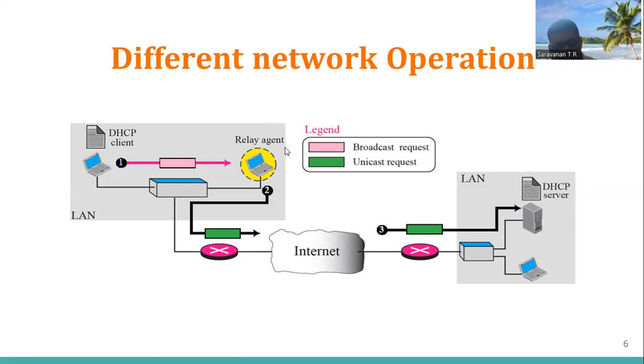Because we said that the server port is 67, if the data is not communicated over the relay agent, the server port 67 will not be listened to, and all the information passed without the relay agent will be discarded.